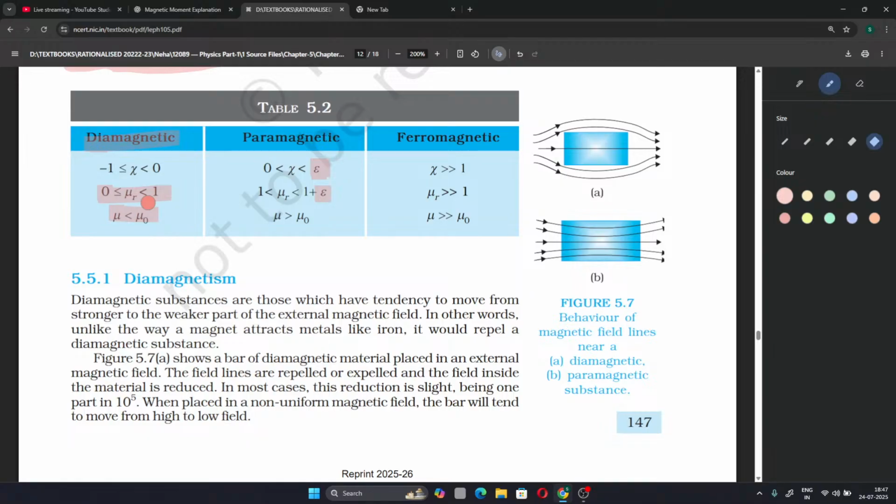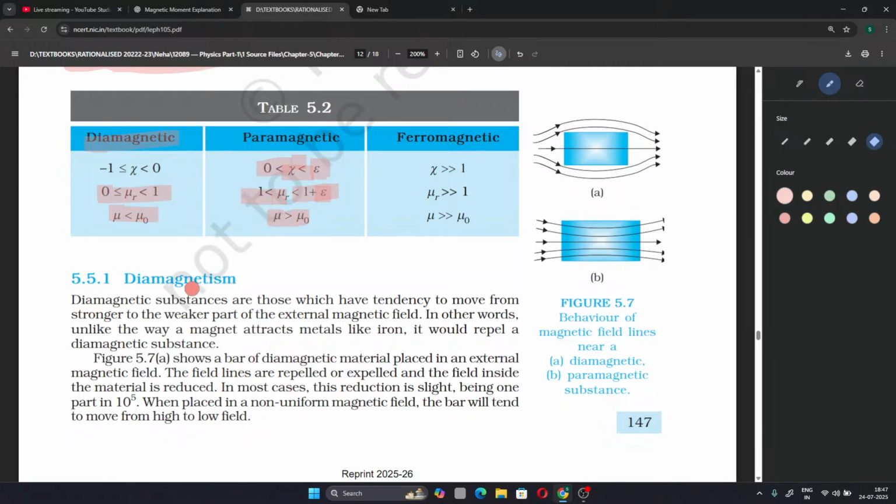Permeability is less than mu naught. That is the reason mu r is not greater than 1. For paramagnetic, chi is between 0 and epsilon, and mu r is 1 plus chi, which is greater than 1.